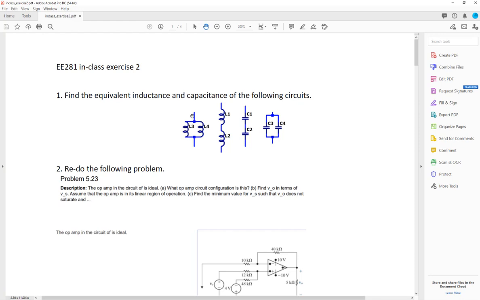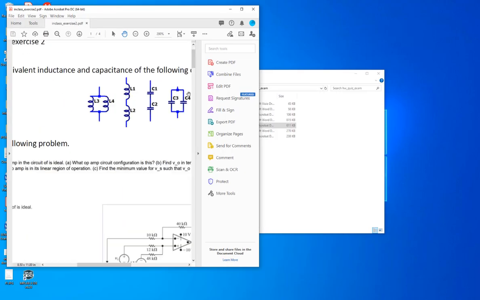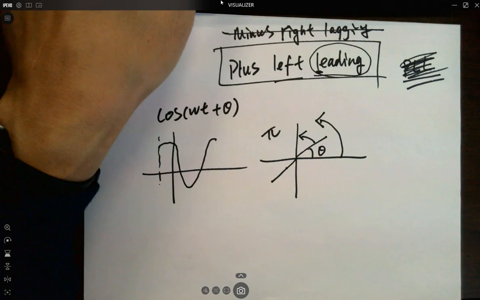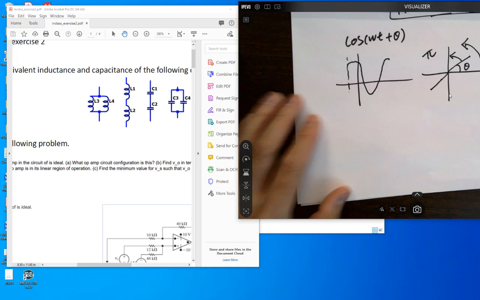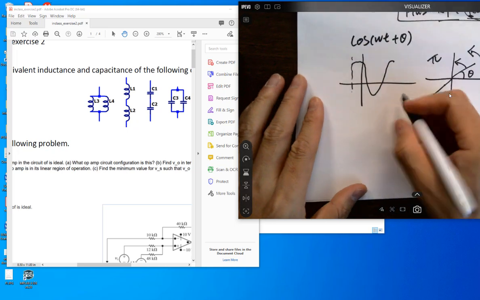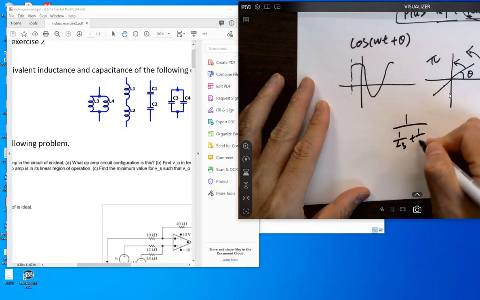What's the overall inductance? L3 in parallel with L4, right? Or 1 over 1 over L3 plus 1 over L4, right?